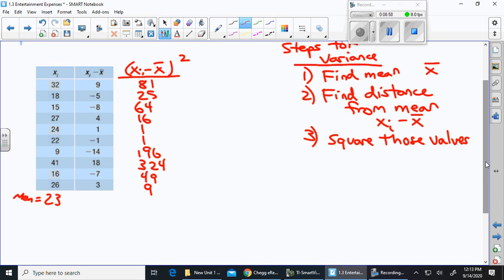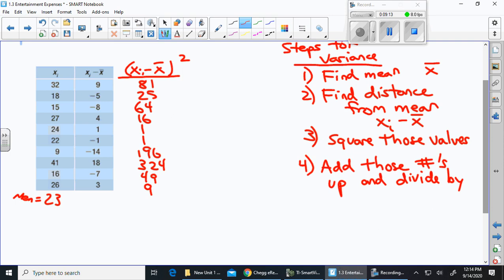We are going to add those numbers up and divide by the number of data points we started with. So it's the same thing we divided by when we found the mean. We divided by 10 numbers.